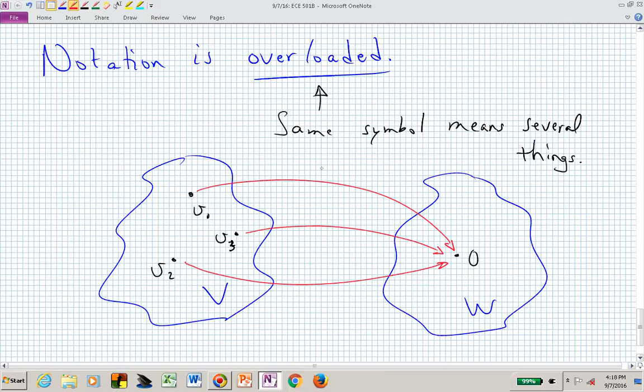And these are now the 0 map applied to them.